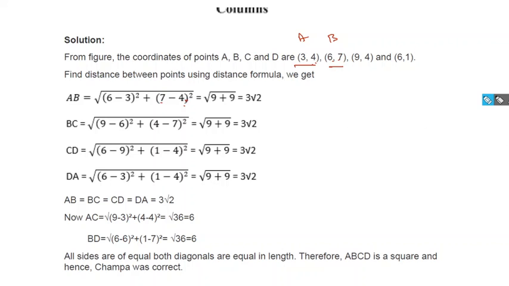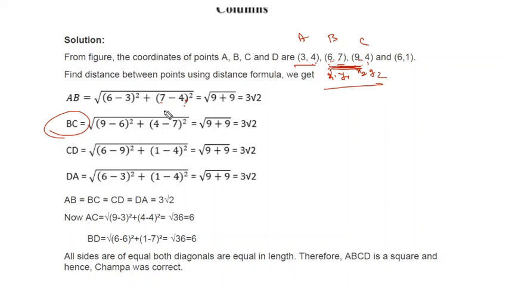Now similarly we will move to the next part, that is BC. Again you can see B and this is C. For the distance between B and C, this 6 will be x1, 7 will be y1, and here 9 will be x2, 4 will be y2.